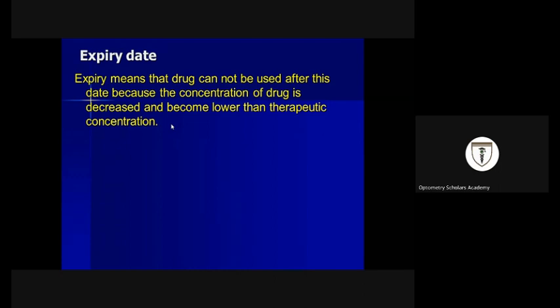That's why we instruct patients not to exceed the required days for this drug. If you prescribe for 2 weeks, this patient should discard this drug after 2 weeks. If you prescribe for a month, this patient should discard this drug after a month, regardless of the expiry date. So that expiry date is just for storage. It's just the date for how long this drug can last in the required storage.